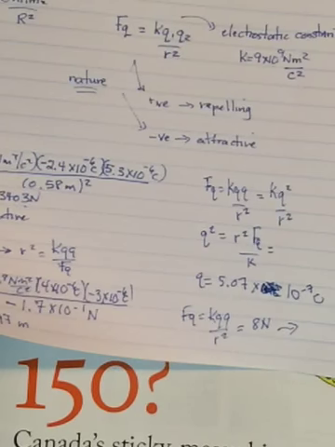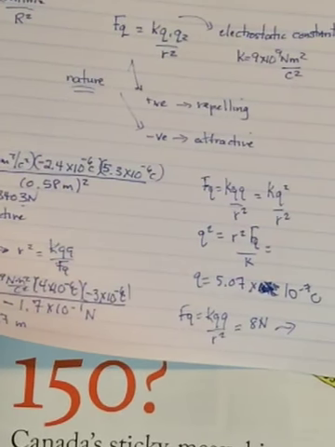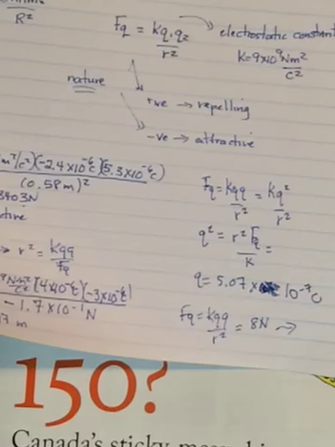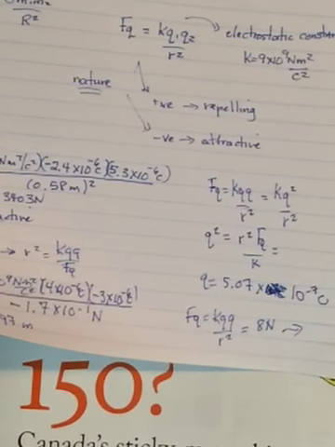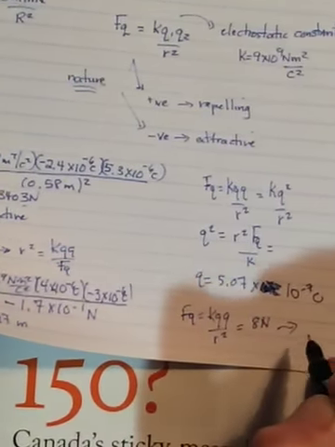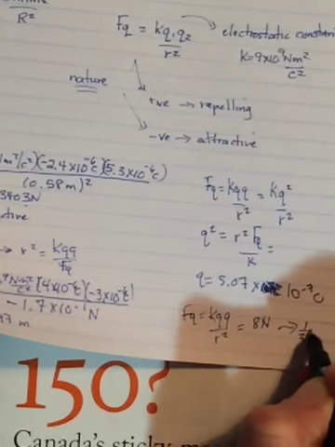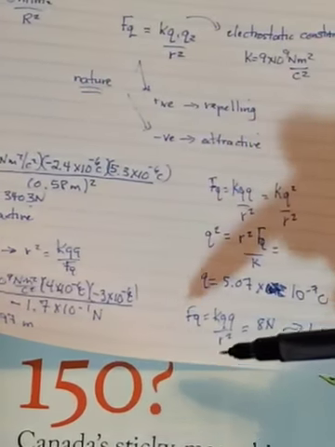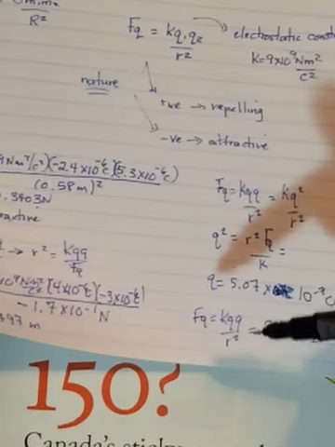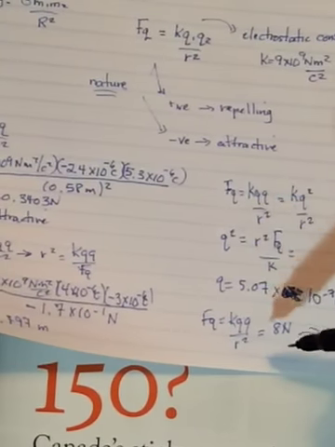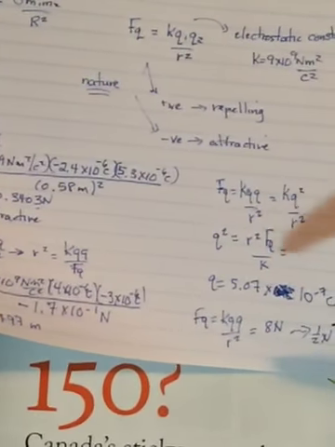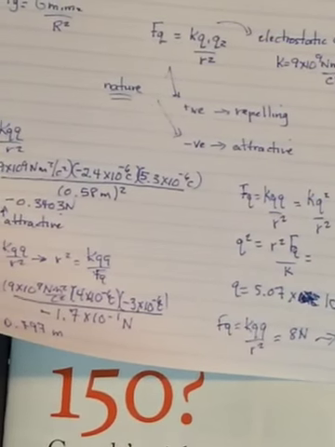So do 8 times 1 over 16, and you should get a half a newton. So if you make R 4 times as big, and that gets squared, then the F should get 16 times smaller, or be a half.